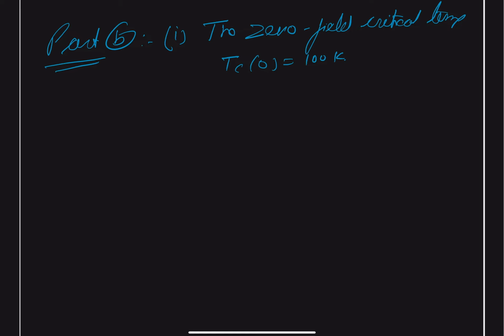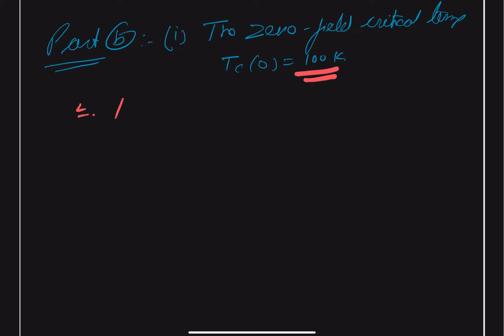So basically it means that the material becomes superconducting, or we can say resistance drops to 0 when the temperature is less than 100 Kelvin. So this is the main conclusion from this statement.